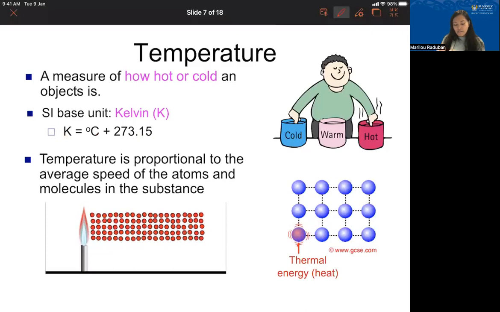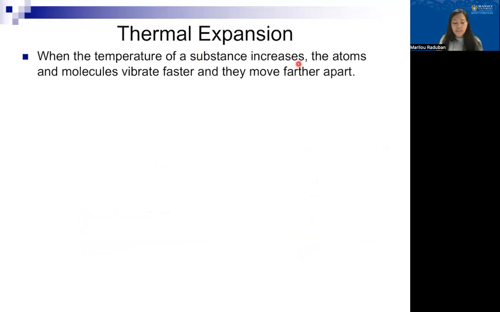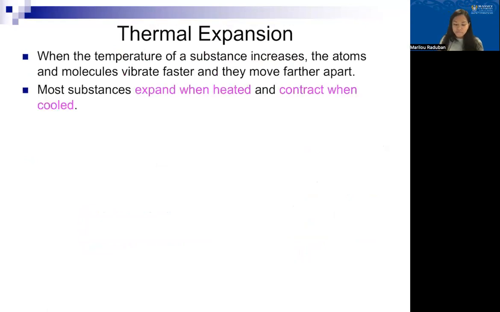Right, and it's because of this vibration of the atoms in the material that sort of explains the behavior of materials when their temperature increases. So typically, when the temperature of a material increases, the atoms and molecules vibrate faster. And because of their vibration, their movement, they tend to move farther apart. So that's the reason why most substances expand when they are heated, and those substances contract when they are cooled.